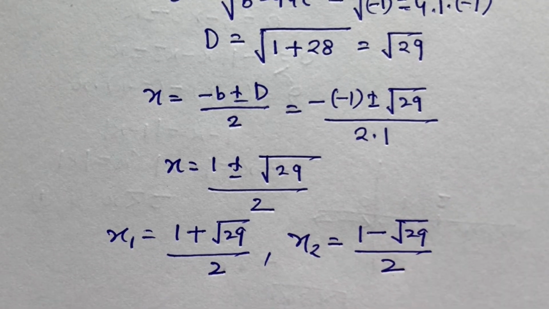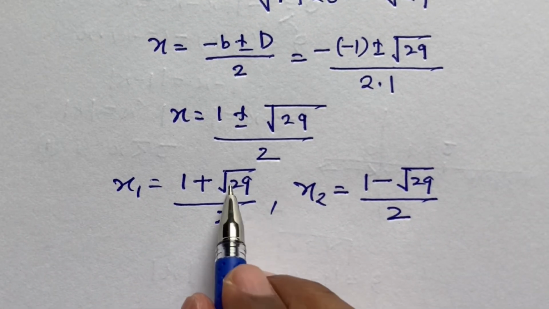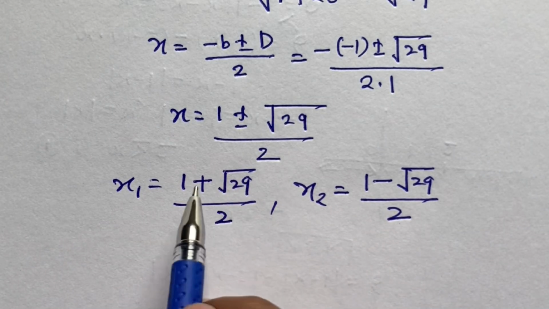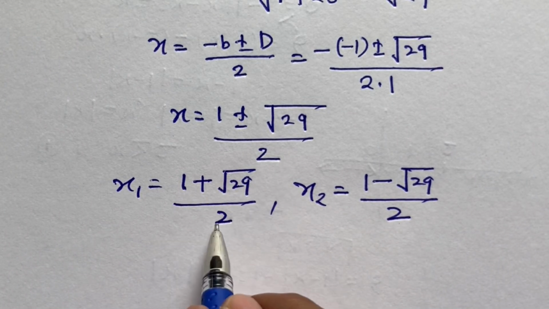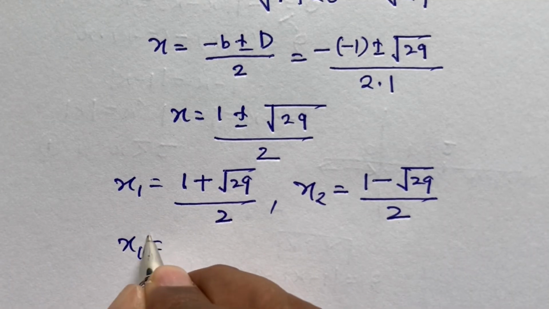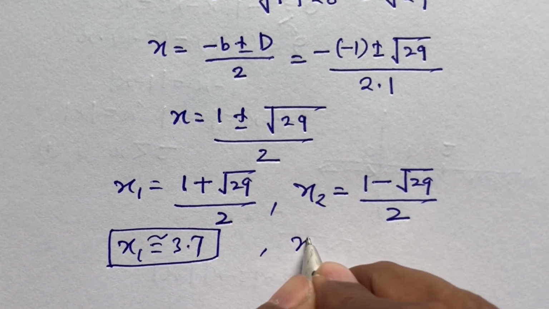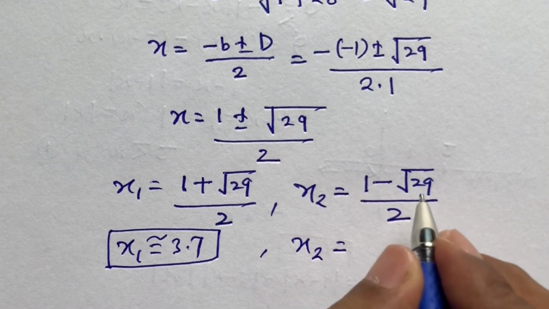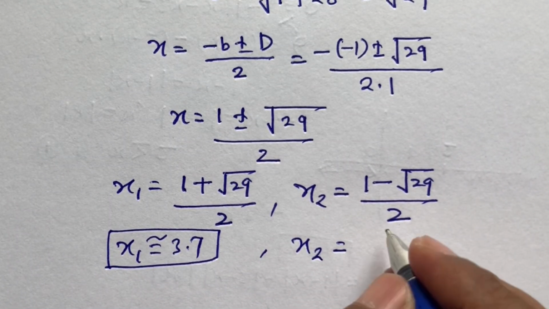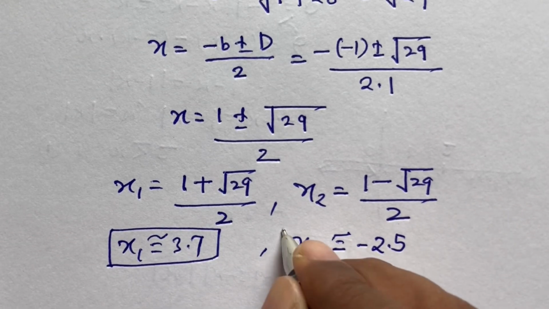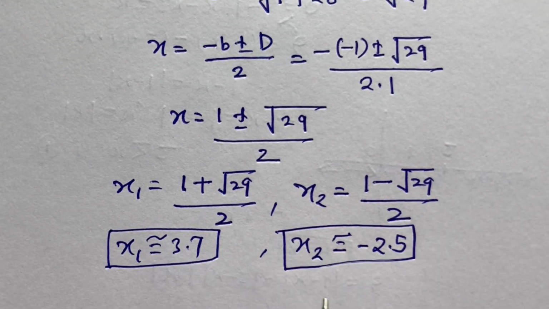Square root of 29 we can say is around 5.5. So 5.5 plus 1 is 6.5, and x1 will be around 3.7. And here x2 will be around 1 minus 5.5, which is minus 4.5, so it will be around negative 2.5.